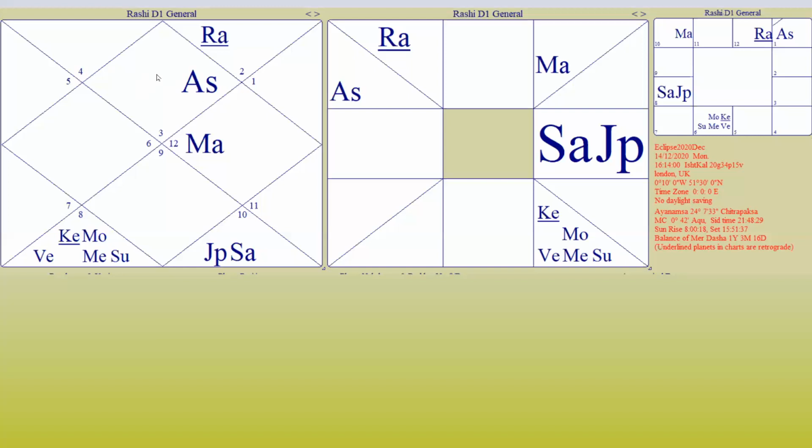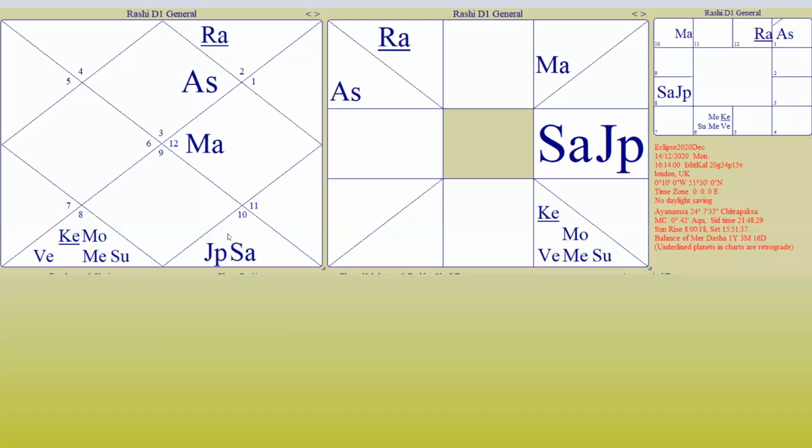Now pay attention, if you can, to the left-hand side chart. Here the rising sign is Gemini, and we have physically put 3 here. So it's like a moving zodiac, a lot like the Western. The second house is Cancer, the third house is Leo, and so on. Here we can immediately see that the 6th house is Scorpio, with all these Scorpio planets.